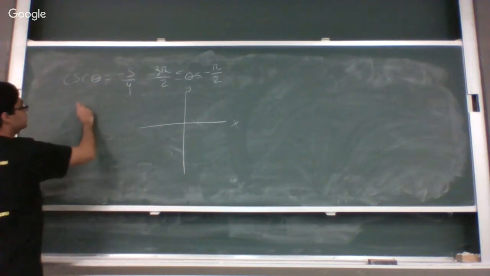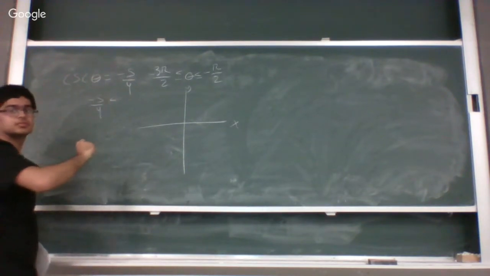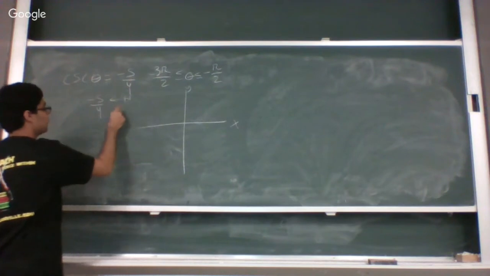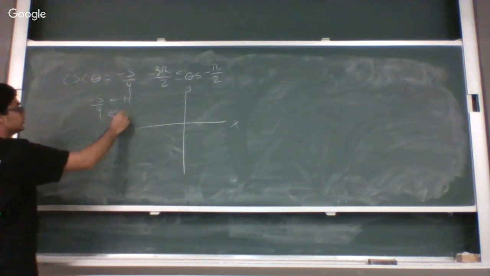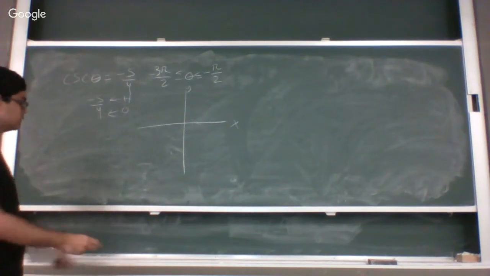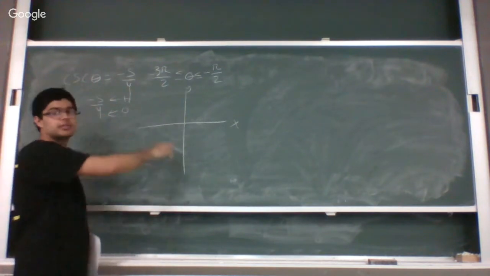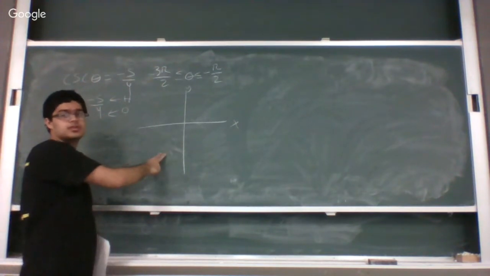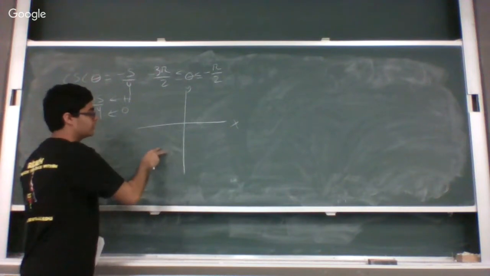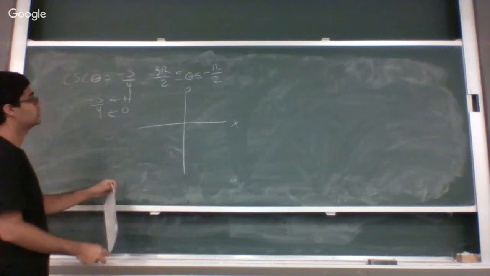Since it's 1 over sine, we know negative 5 fourths, the top is the hypotenuse, and the 4 is the opposite. So it's really a negative 4 over 5. You have to remember that. And if the opposite is negative 4, is it going to be up or down? Down. So it's going to be in either the 3rd or 4th quadrant. We know that now.